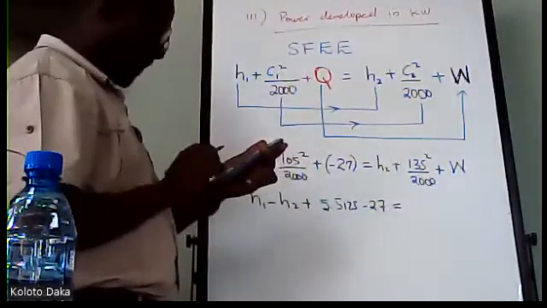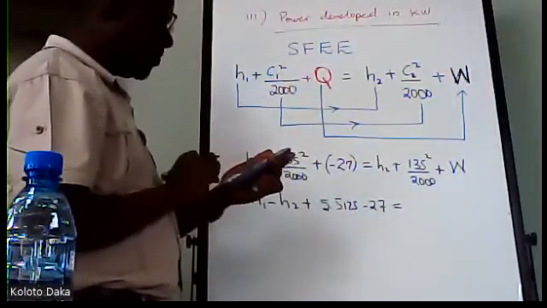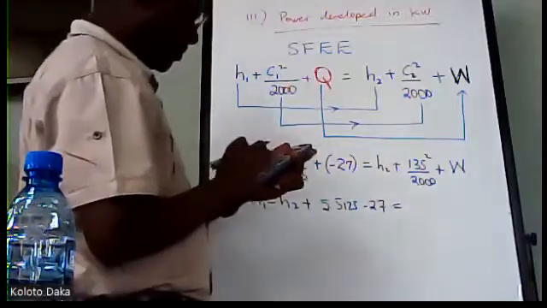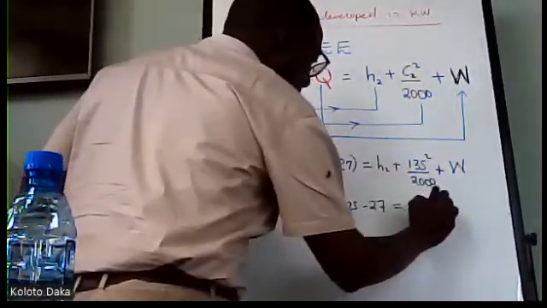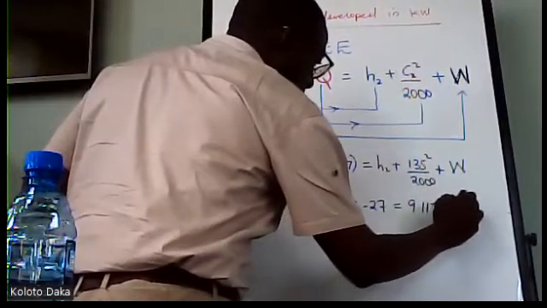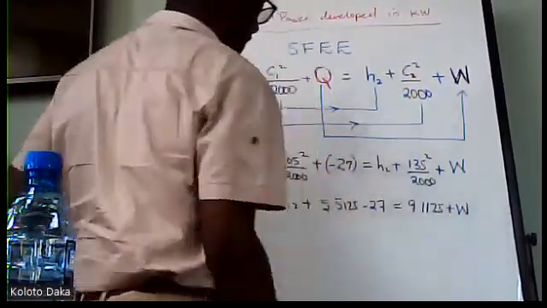What is 155 squared divided by 2000? 9.1125.